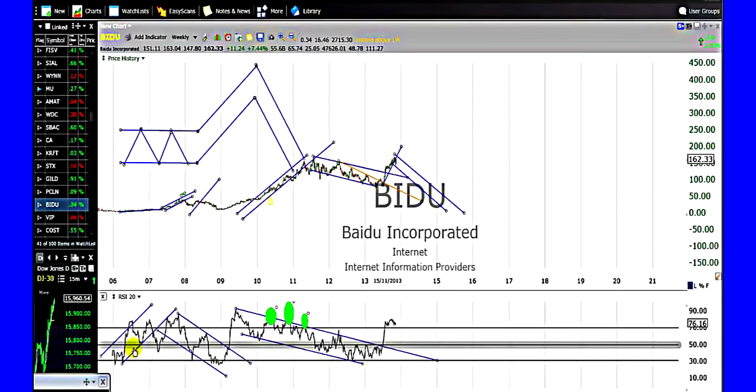Sometimes you will see the RSI and the price do exactly the same thing, which means they are in harmony. Both will be in a declining channel, or in a horizontal channel, or in a rising channel.